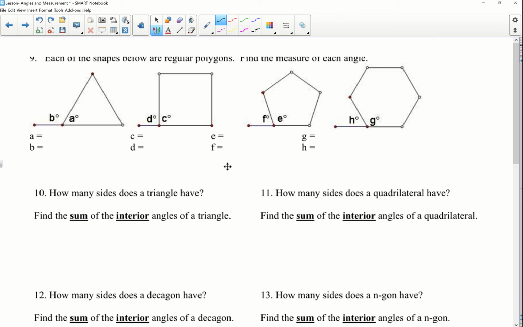All right, so the key here, and I know it got cut off at the top, I'll have to work on my converting of files, is regular polygons. You investigated this on the first day of class. A regular polygon is a polygon where all sides and angles are congruent.